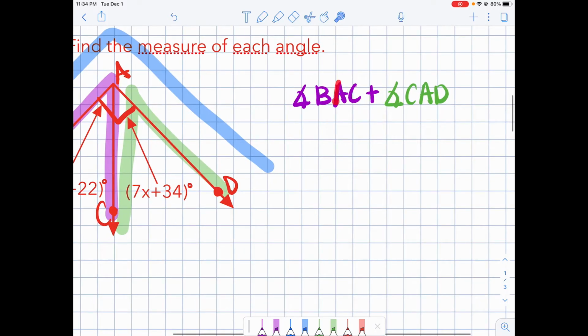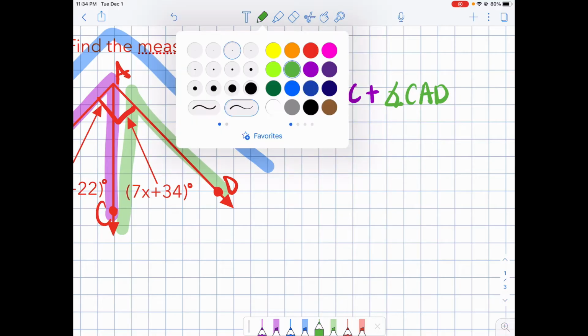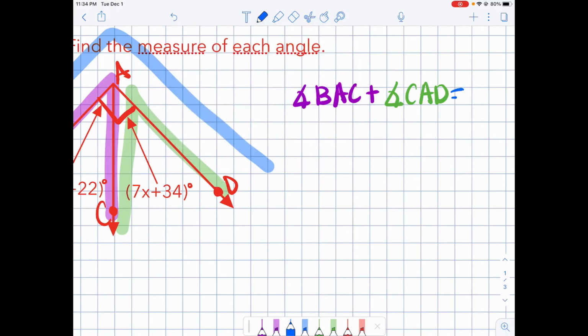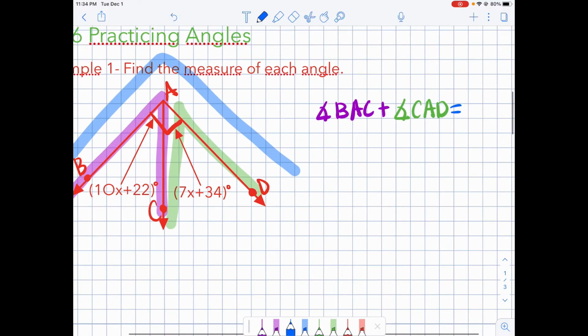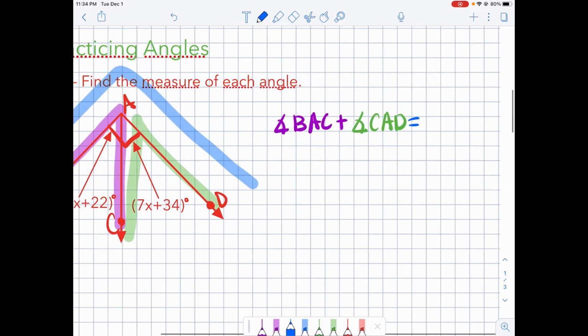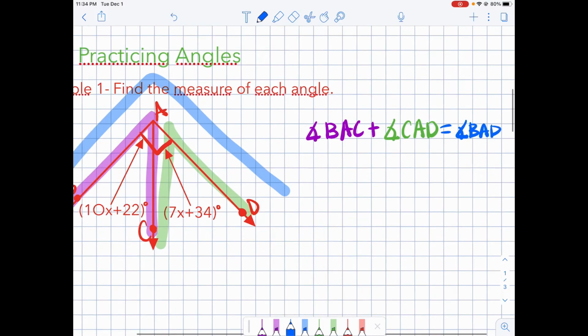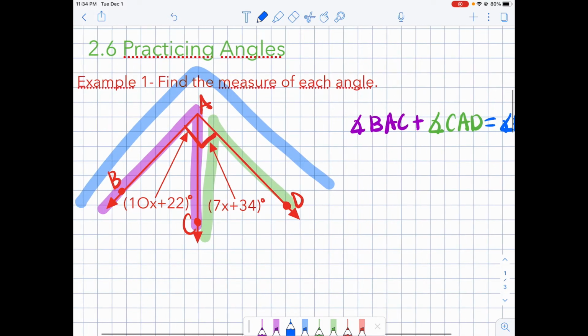You'll see they have the same vertex, which is A, is equal to the large angle, which is angle BAD. Once again, this is my large angle, angle BAD.